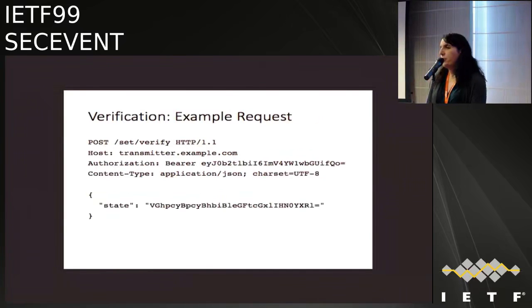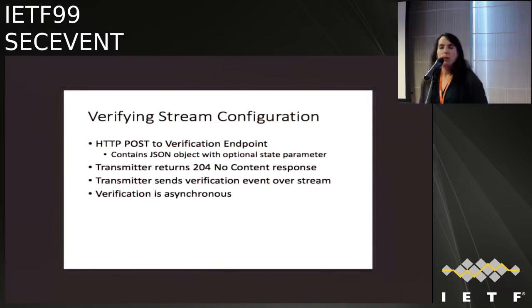An important thing to note about verification though is that it is expected to happen completely asynchronously. A receiver is going to make a request to the verification endpoint to ask for a verification event, and the transmitter will be expected to send that event at some time in the near future. The receiver should not expect that it will happen before the transmitter responds to the verification endpoint request.